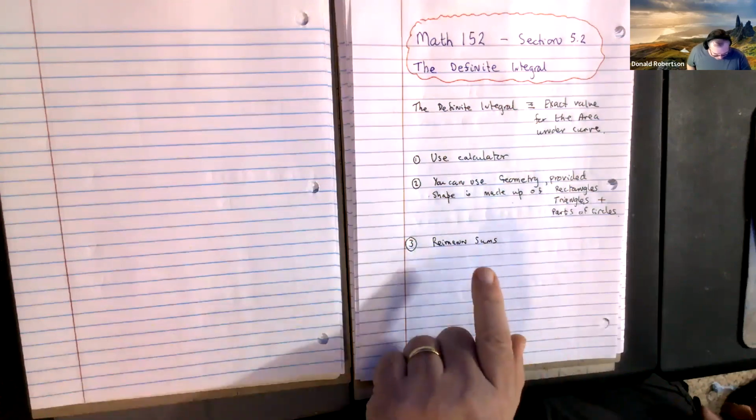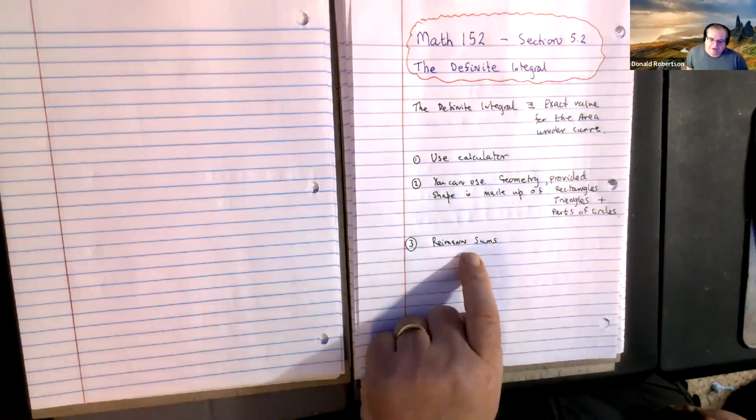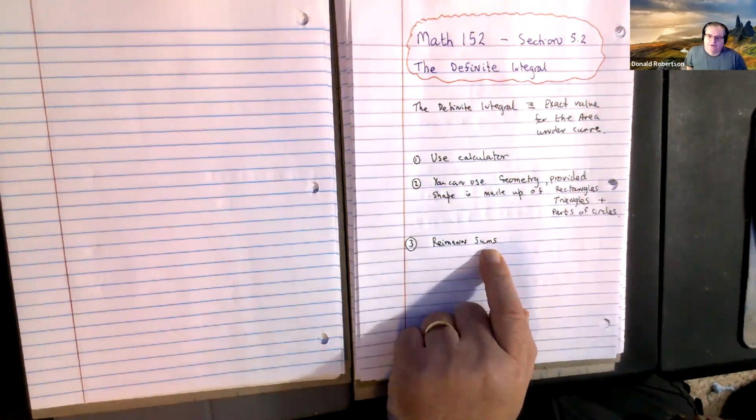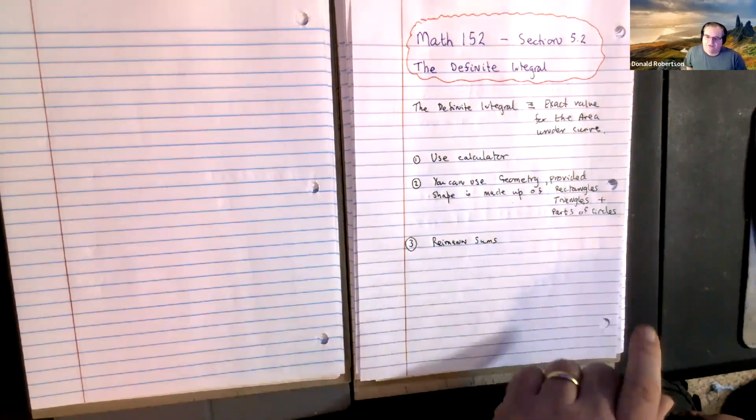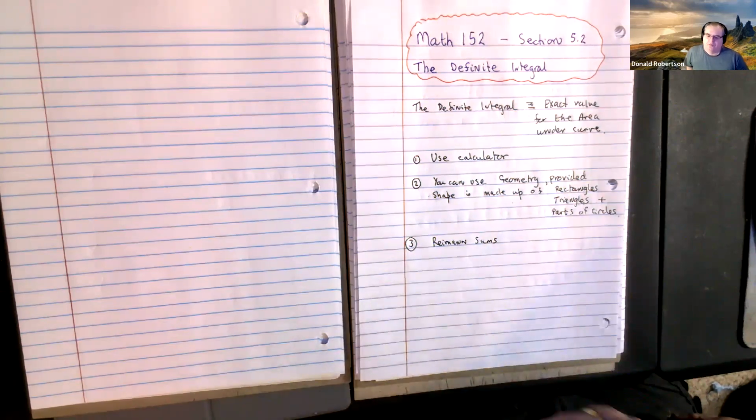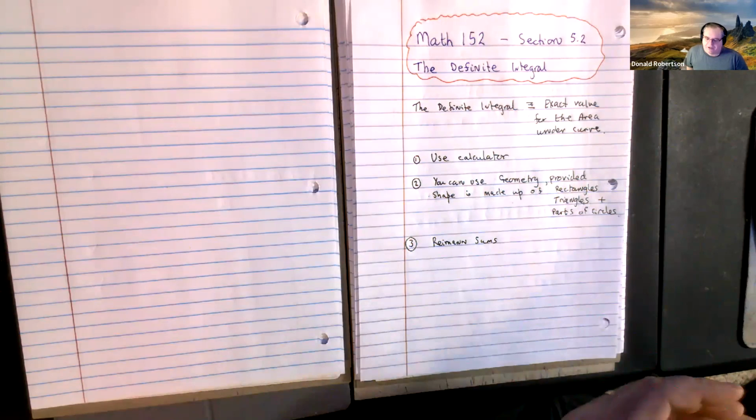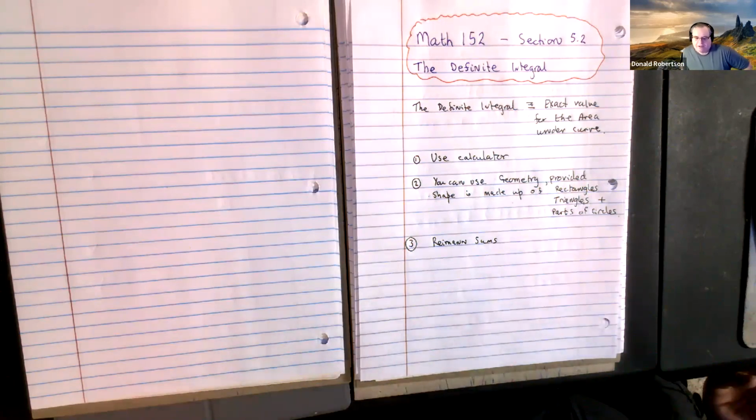Now, once we have figured out using Riemann sums how to find the exact value for the area under the curve, once we use it to find the definite integrals, what we do then is we say, hey, that was an awful lot of work. Isn't there a shortcut?